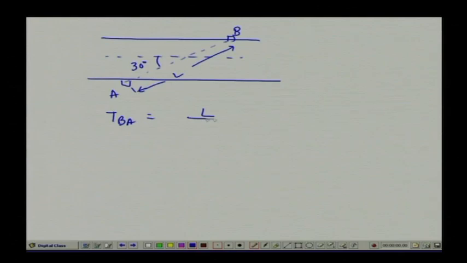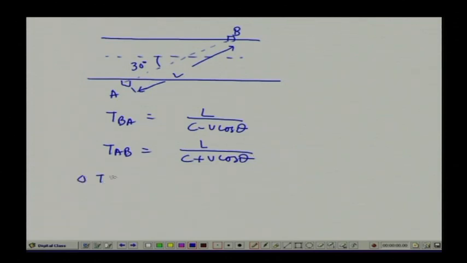is coming as L by C minus V cos theta, and TAB equals L by C plus V cos theta. So, delta T I can write as 2 L V cos theta by C square, right.